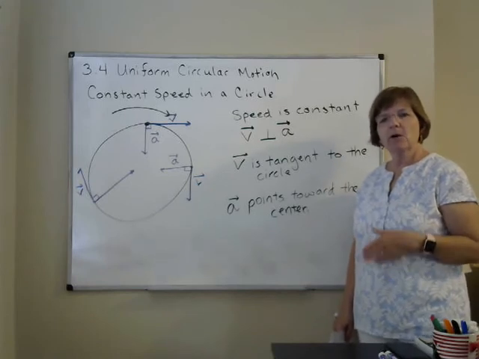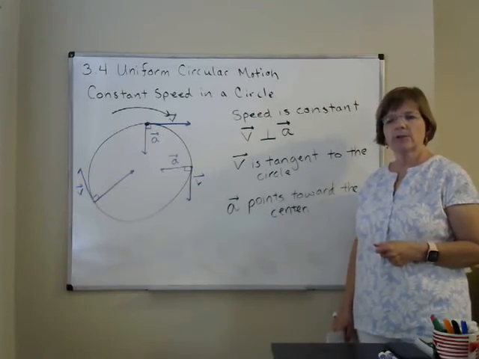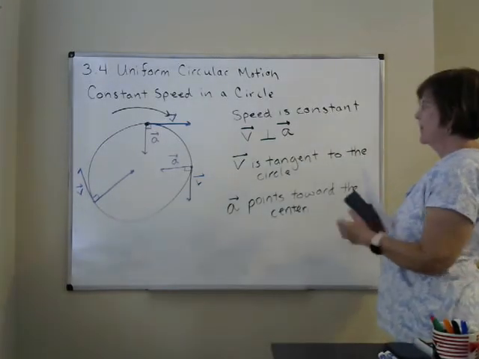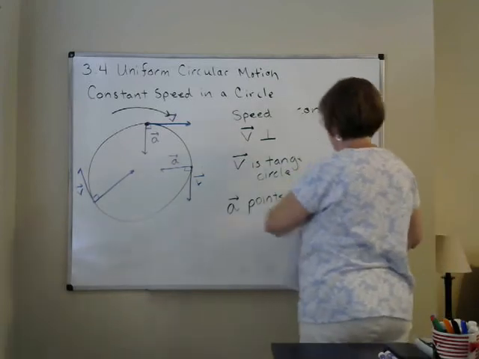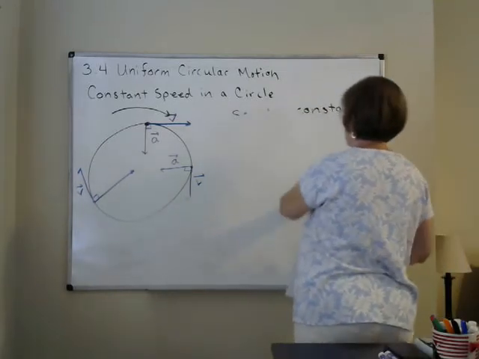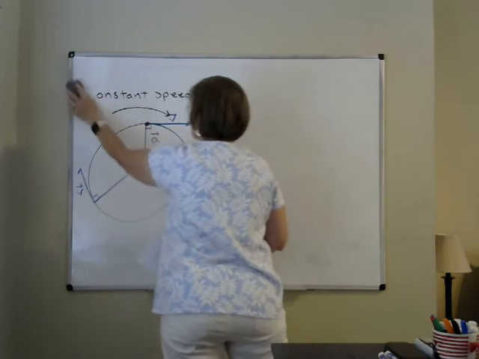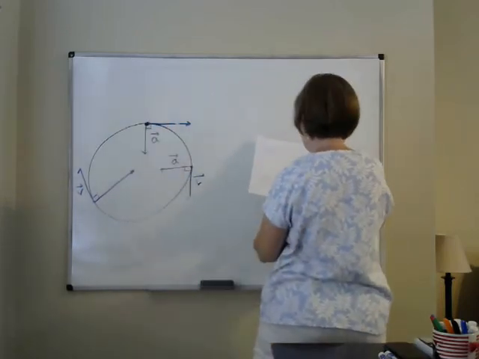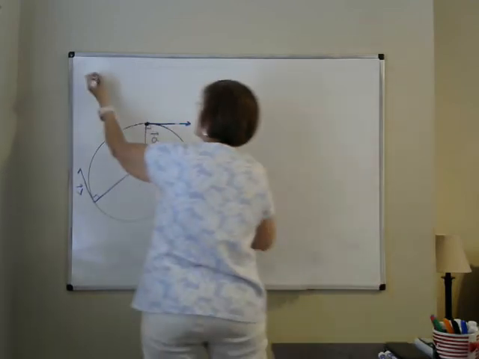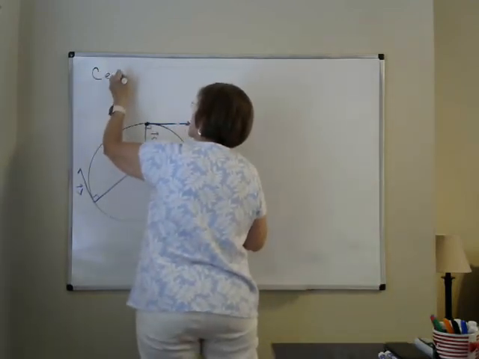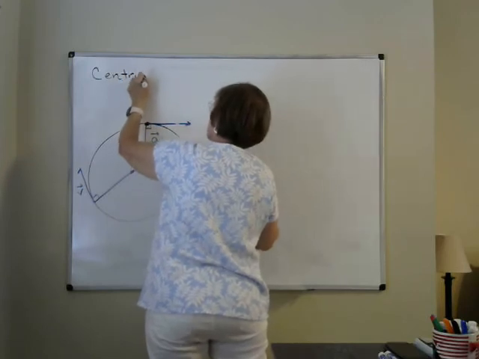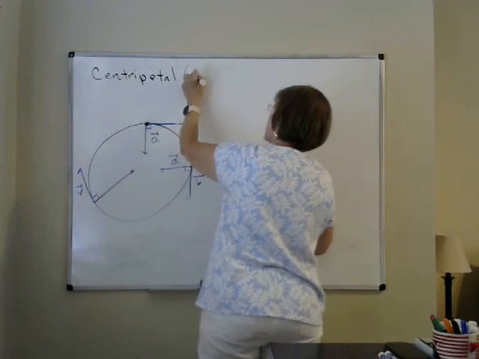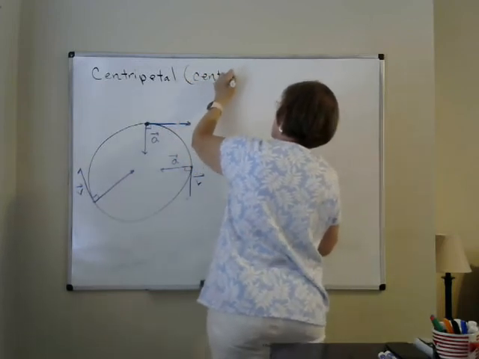So it points along the radius of the circle, or towards the center of the circle. Like I say, centripetal means center seeking.